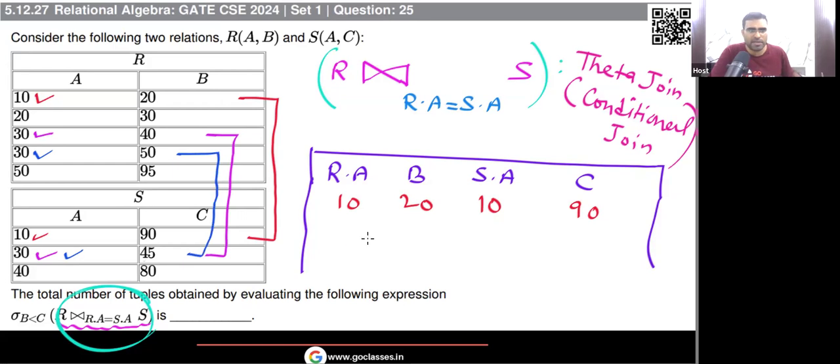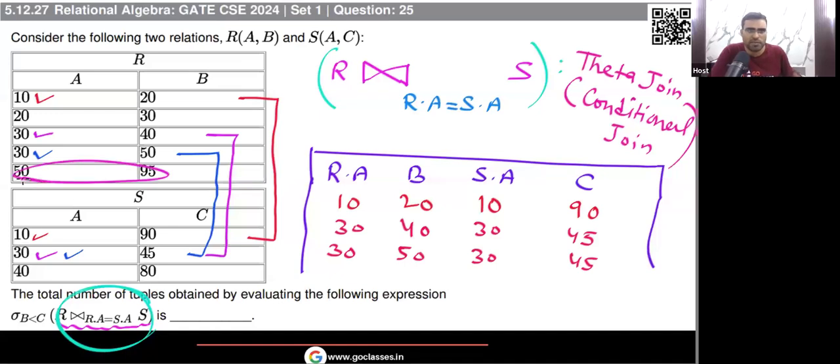Very simple, right? So basically we get 30, 40, 30, 45, and next 30, 50, 30, 45. So these three tuples we are getting.